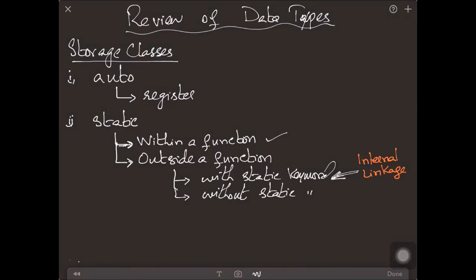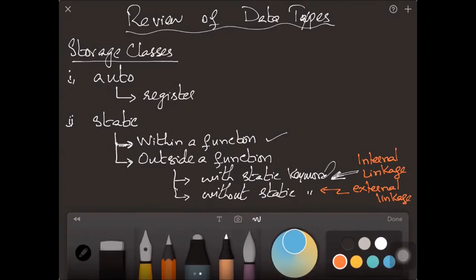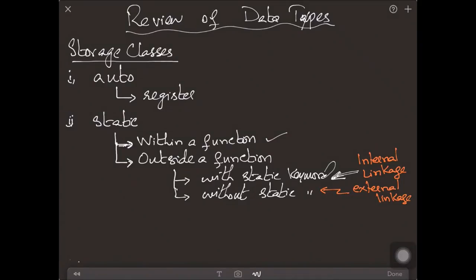And if you declare a variable without a static keyword outside a function, it gives them external linkage. That is, they are accessible in the entire program, in all the .o files. Well, the third storage class is extern. Declaring a variable with extern keyword anywhere gives it external linkage.